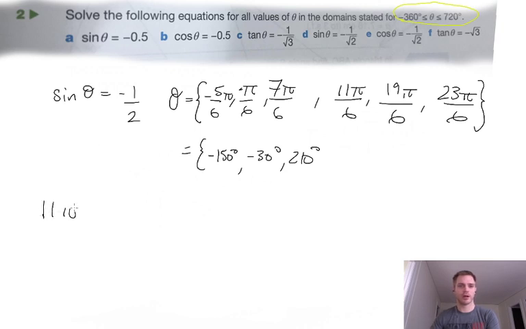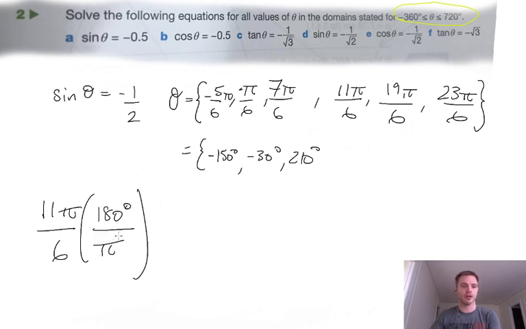11 pi over 6. And so whenever this video is finished, you can go back and replay it. If I'm going too fast, I am going kind of fast. And if I am going too fast, please stop me and ask questions. We're going to multiply again by our conversion factor. Boom, boom, and we get another cancellation. It's the same one that we've been doing. 3 times 6 is 180.